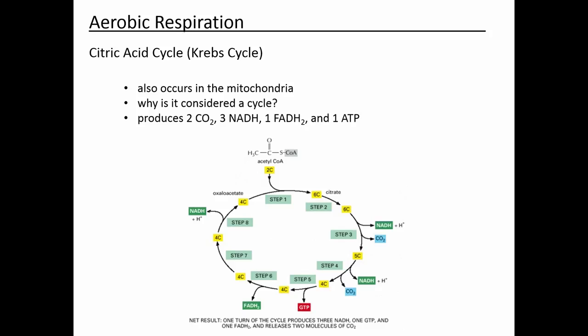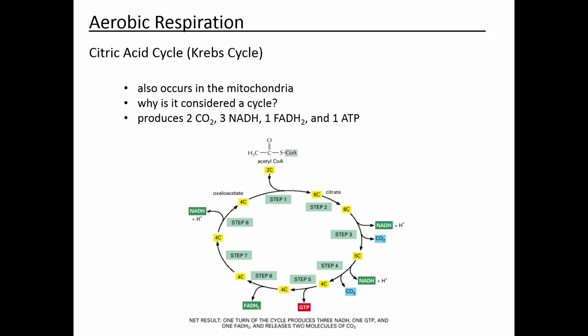So you need to know the first step, which I just described to you. You take the acetyl group and you attach it to oxaloacetate, and that produces a molecule called citrate. You need to know that first step. And then over the course of 7 reactions, you take citrate and regenerate oxaloacetate.